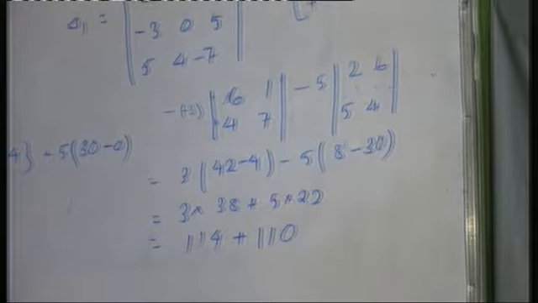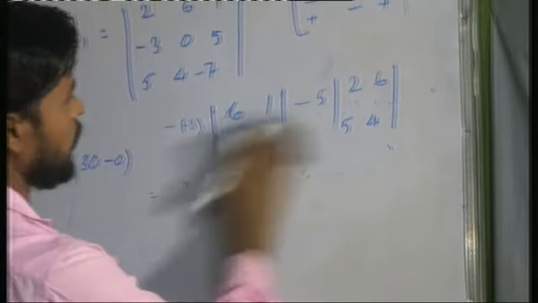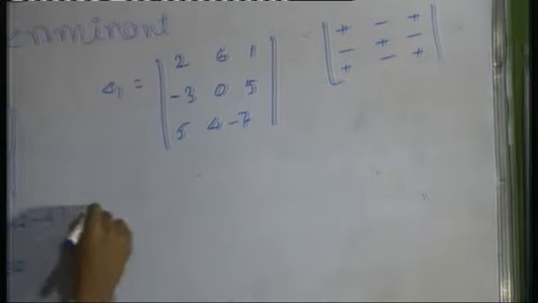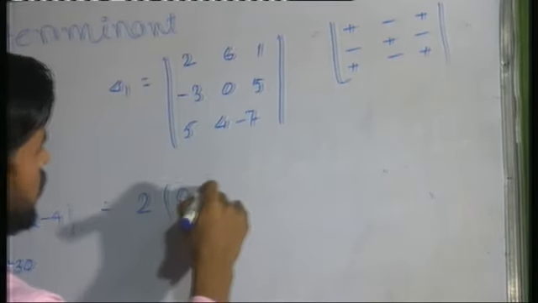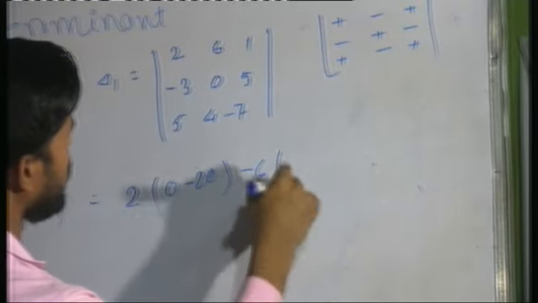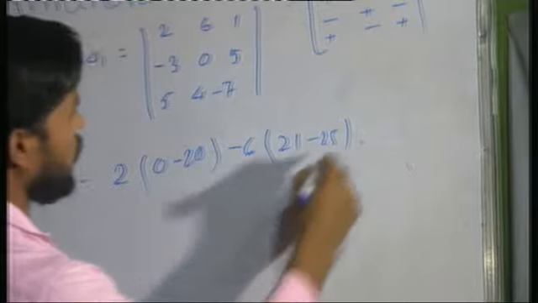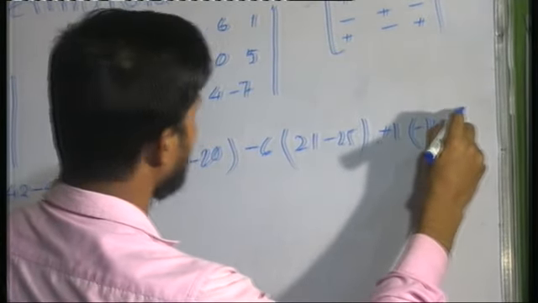This is minus 7, so it will be 2 into 0 minus 20, minus 6 into 21 minus 25, plus 1 into minus 12 minus 0.